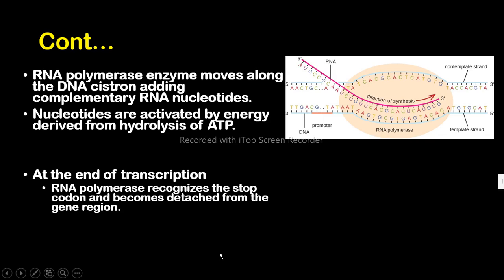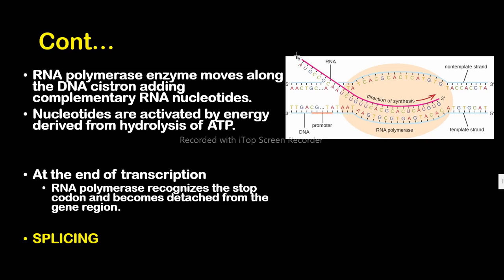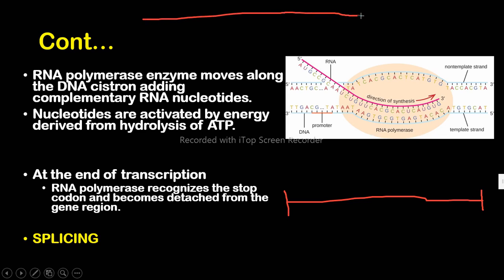And then you form a single strand of mRNA, this very one. Now, this single strand of mRNA, like I told you, even within a gene, there are some parts of a gene that do not code for any amino acid. And then there are other parts within a gene that code for certain amino acids.